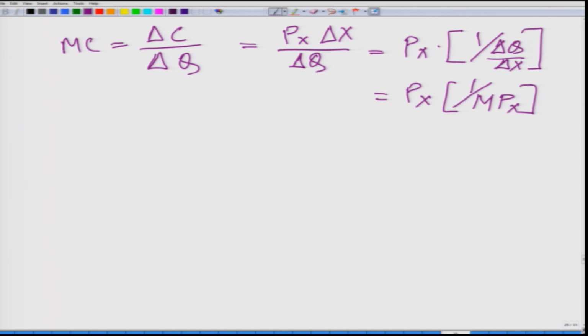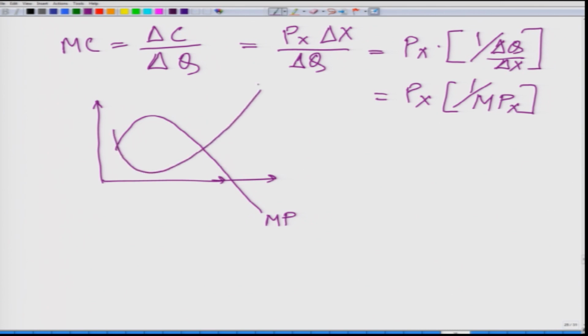So MP had an inverted U shape, right? Marginal product had an inverted U-shaped curve, if you remember. Yes, marginal cost has a U-shaped curve. This is my marginal cost curve. If MP was like this, my marginal cost is like this.